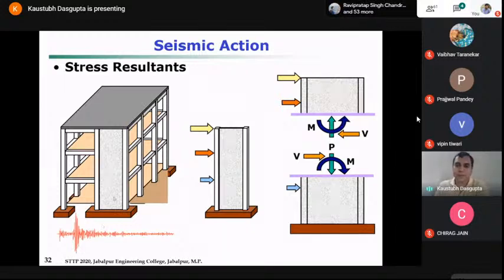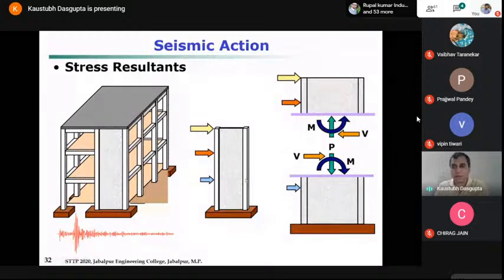Whenever we look at the forces and moments for the design of a wall, we try to isolate them, see how much force is coming, and at different locations at the floor levels, we try to find out the axial force, shear force, and bending moment, and then use them for design. So it is just like any other vertical load resisting member like a column.